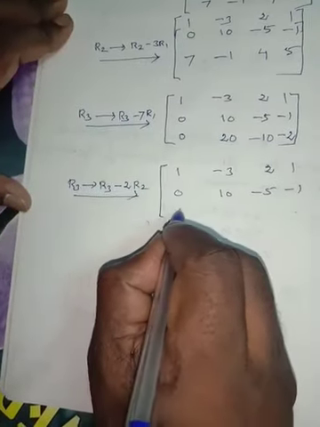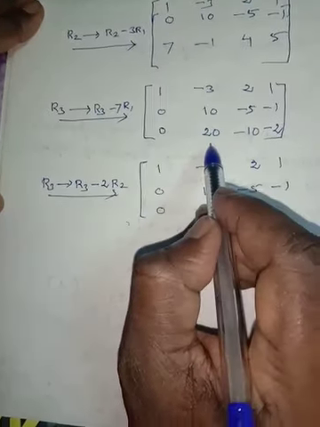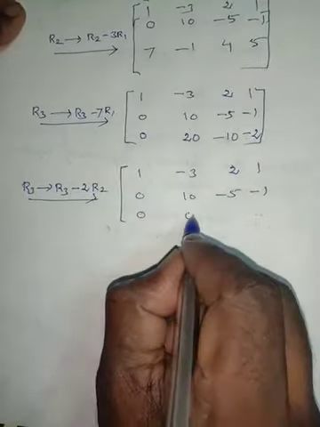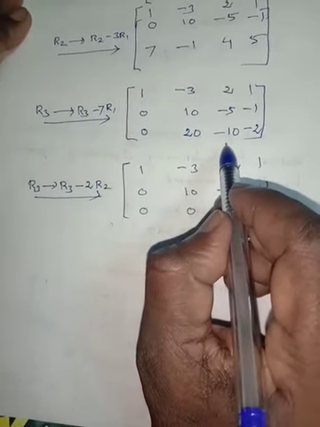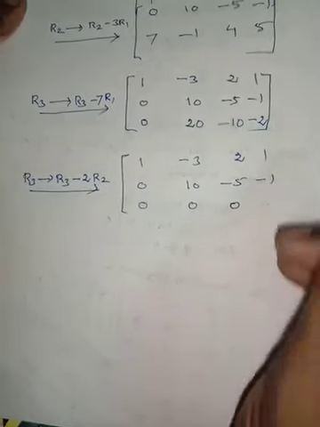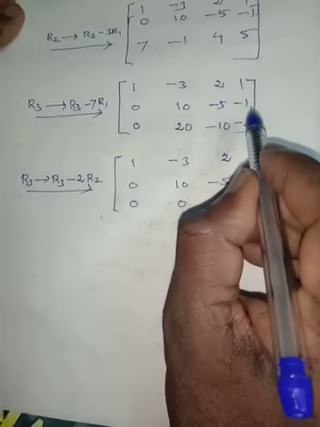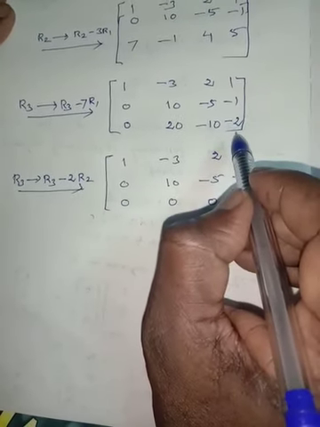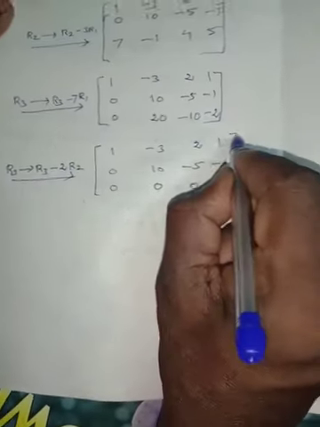Next 0, 0, 20 minus 20 is again 0, minus 10 minus of minus 10 is 0, minus 2 plus 2 is 0. Now the last row is fully 0.